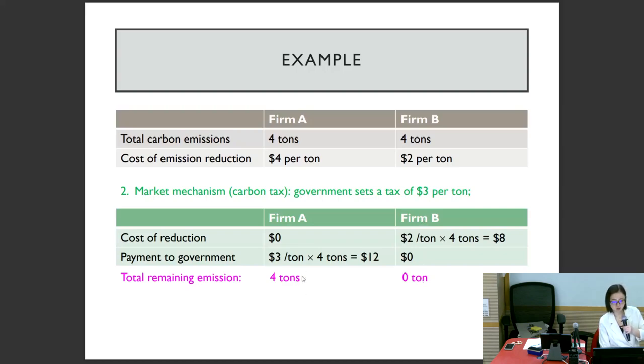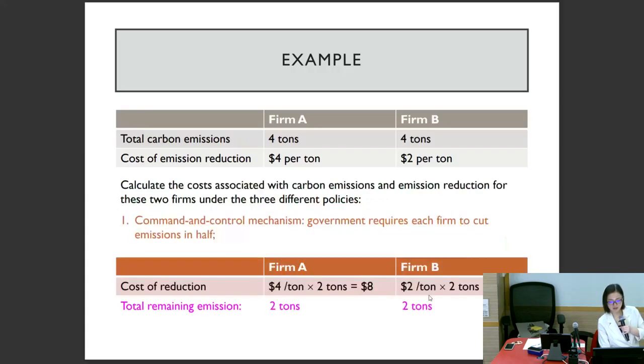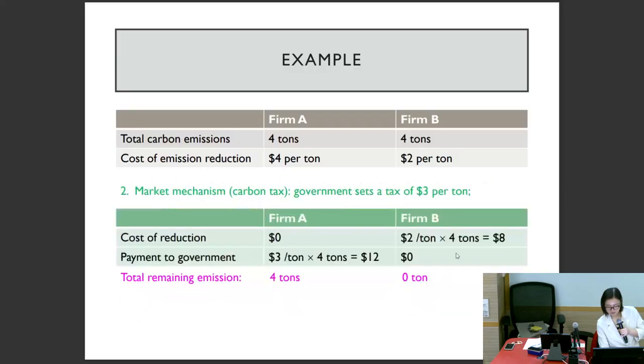So the total remaining emissions would be 4 tons, and earlier also 4 tons. And for command and control, the total amount of money would be $12, and here also $12.